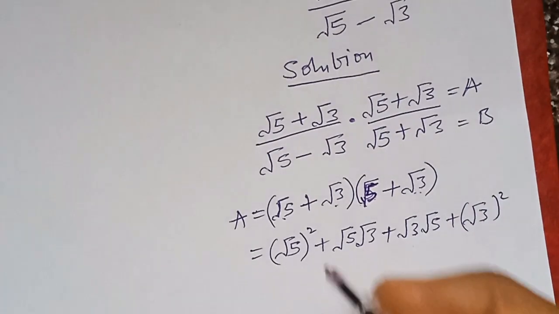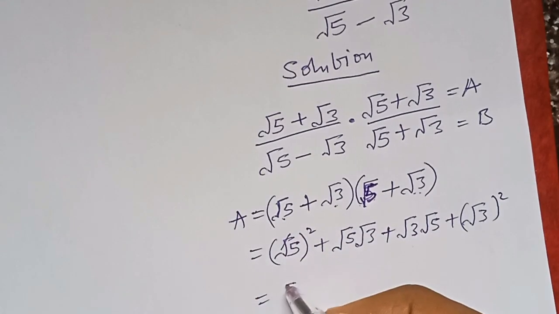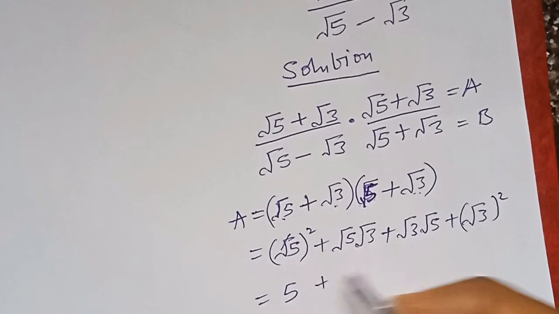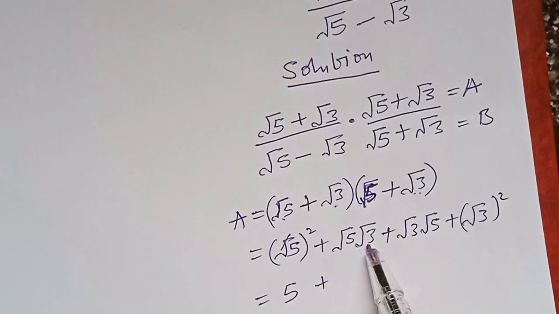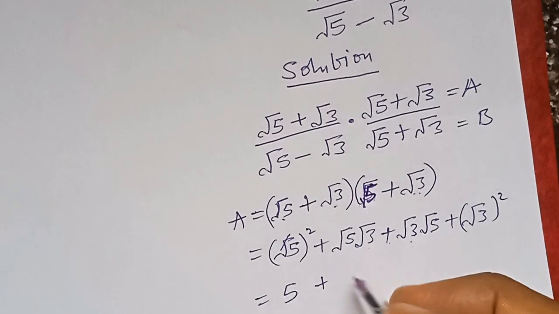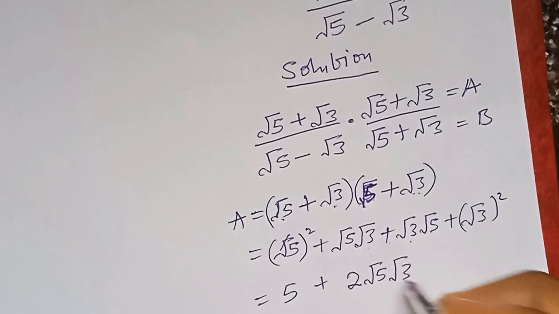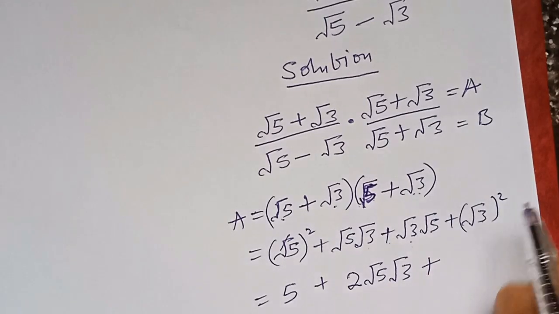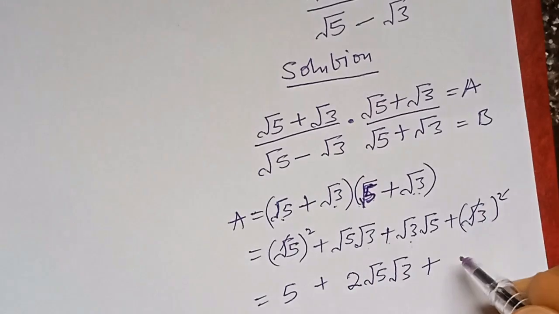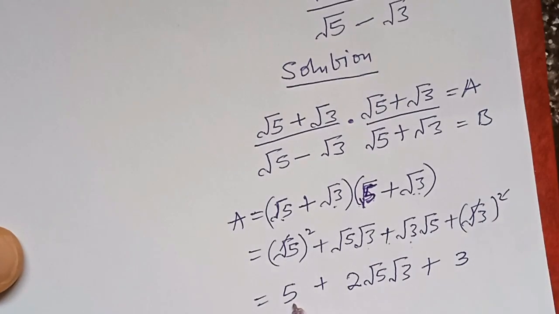The square and the square root cancel, so we now have 5 left, plus square root of 5 times square root of 3, plus square root of 5 times square root of 3. So we have 2 of that, giving us 2 square root of 5 square root of 3. Then plus this square, we also take away the root to have 3 left. If we add this plus this, that will give us 8.